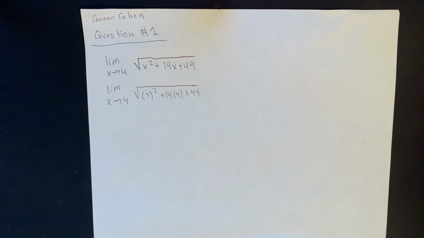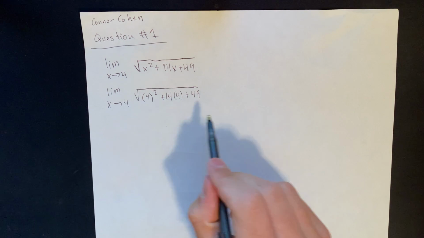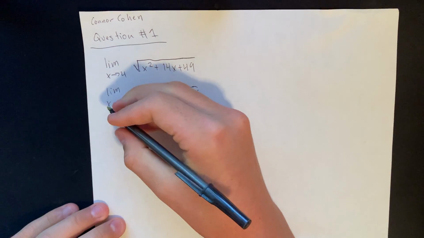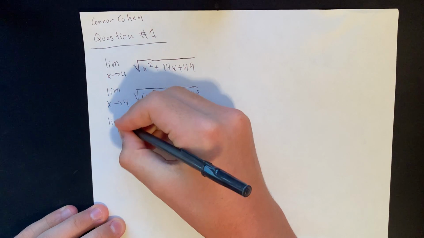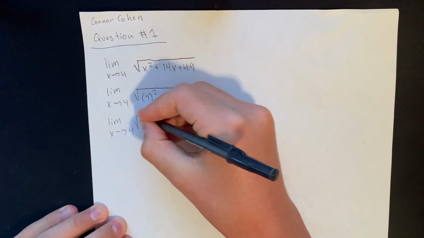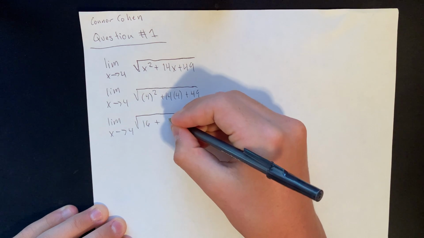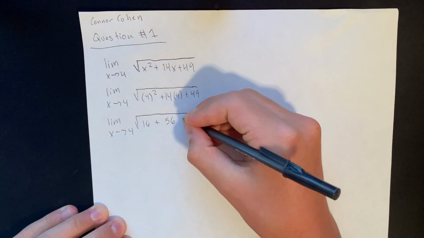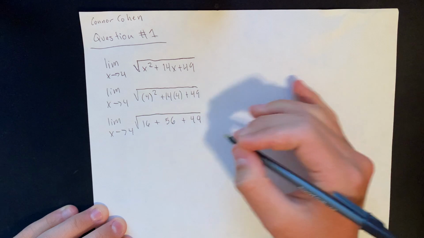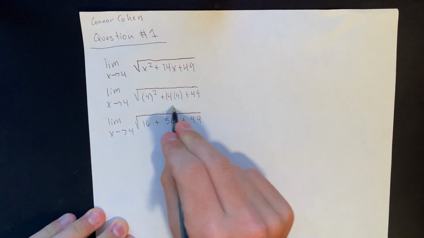So I just plugged in the 4, and I'm going to try to solve for the limit at x equals 4 by just substituting it. And I got both of those numbers by solving out these two different numbers.